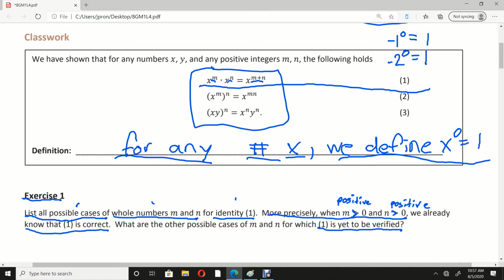So we already have been told this, that when m is greater than 0 and n is greater than 0, when these numbers up here, this m and n, are positive numbers, we know that this statement is true. And to be completely honest with you, it's always true.